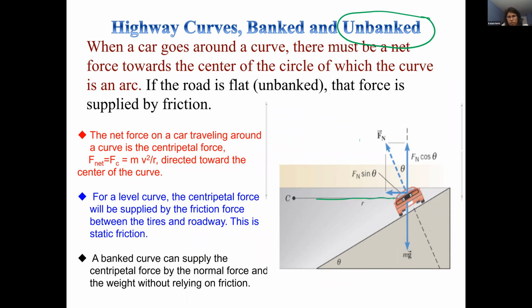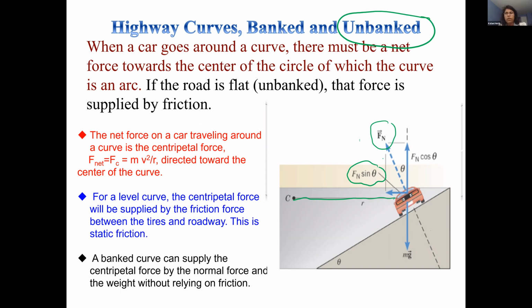There is a force toward the center because of this normal force. The normal force component, F_n sine theta, is toward the center. That means your centripetal force will come from the normal force even without friction. That means we can have a turn on the banked road even without friction.